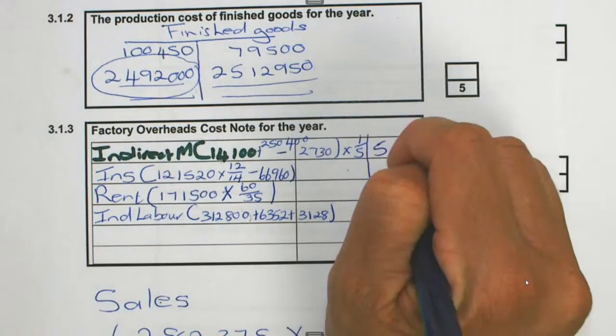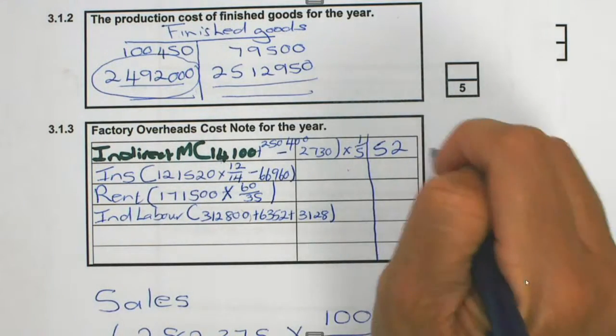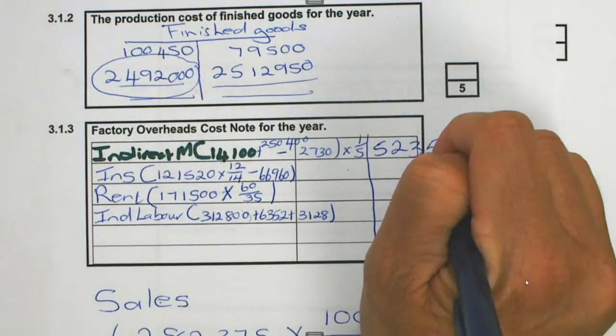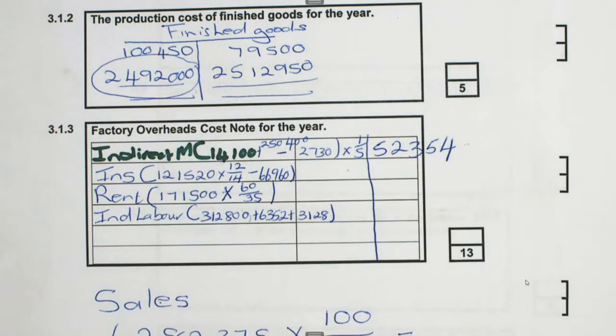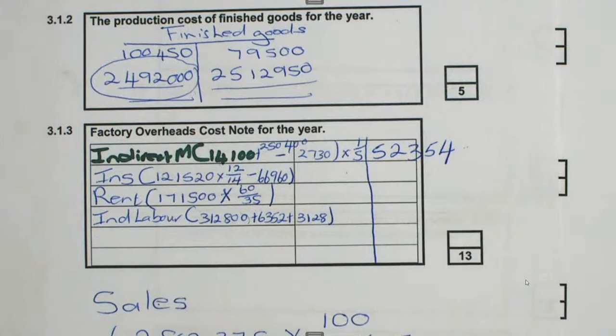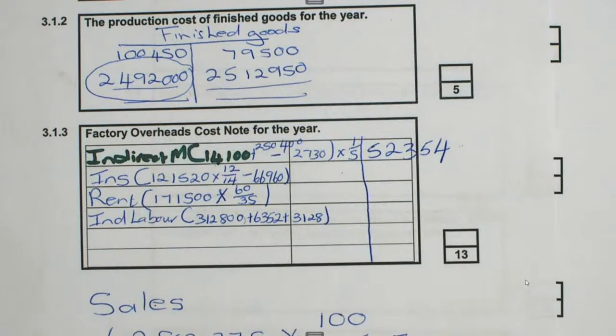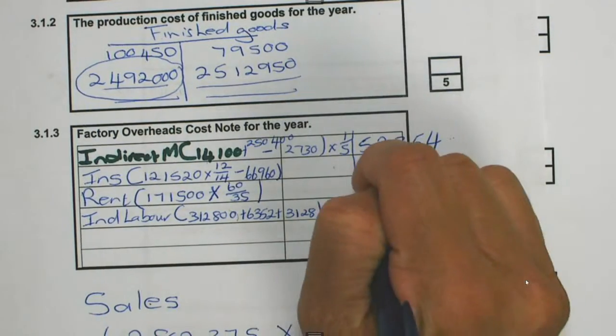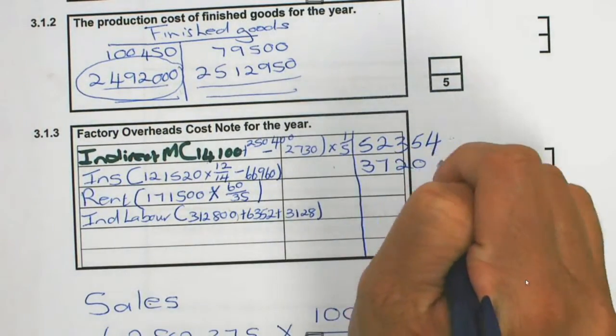Then it gives me 52,354. Right. Insurance 121,520 times 12 over 14 minus the 66,960. Add for me. Yes, you're right. Gives you 37,200.